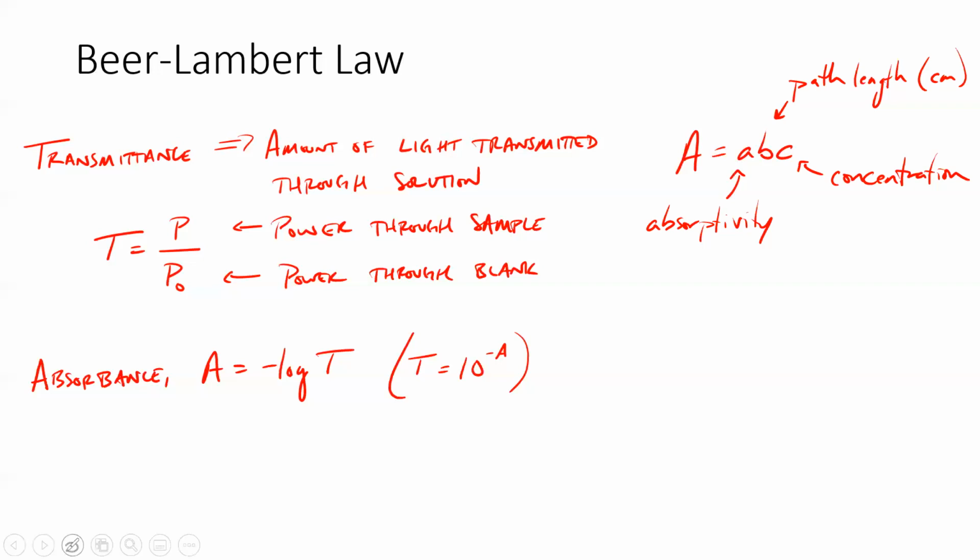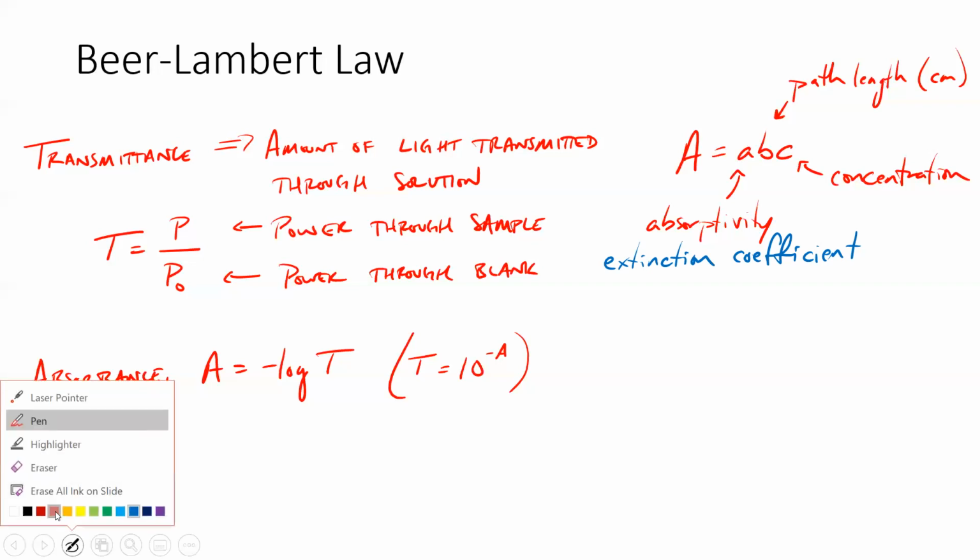Another term that you'll see replacing absorptivity is extinction coefficient. And the extinction coefficient is just how quickly is the light extinguished as it goes through a particular sample. That's where that term comes from.